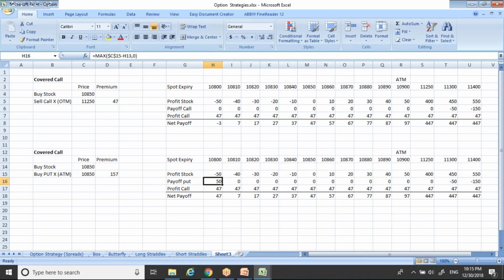And what will be the profit from put? In this situation, the payoff minus the premium you paid. So this is your profit from put.